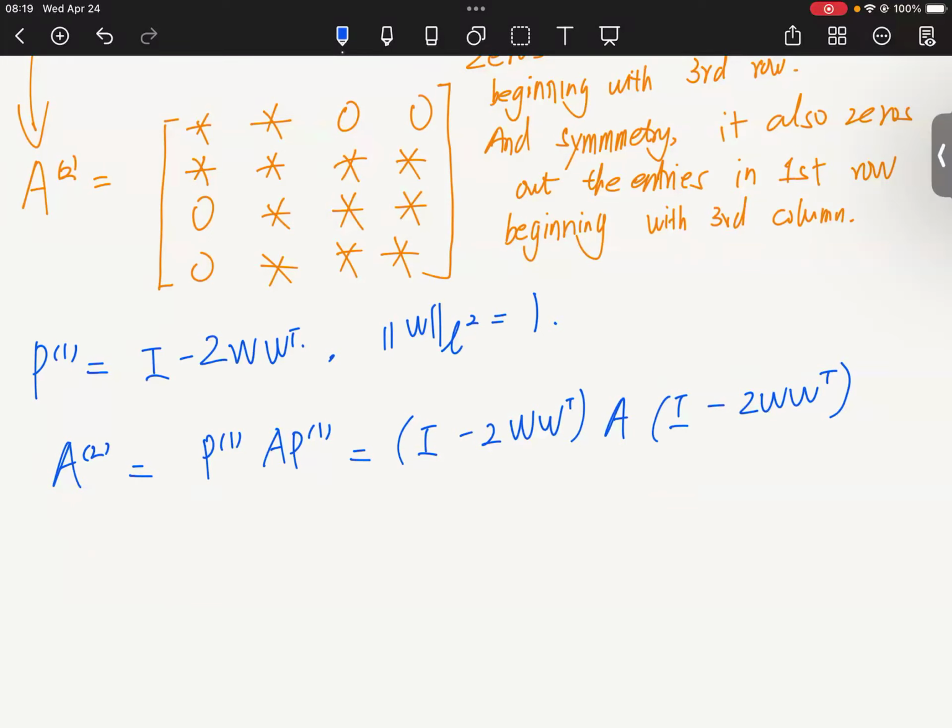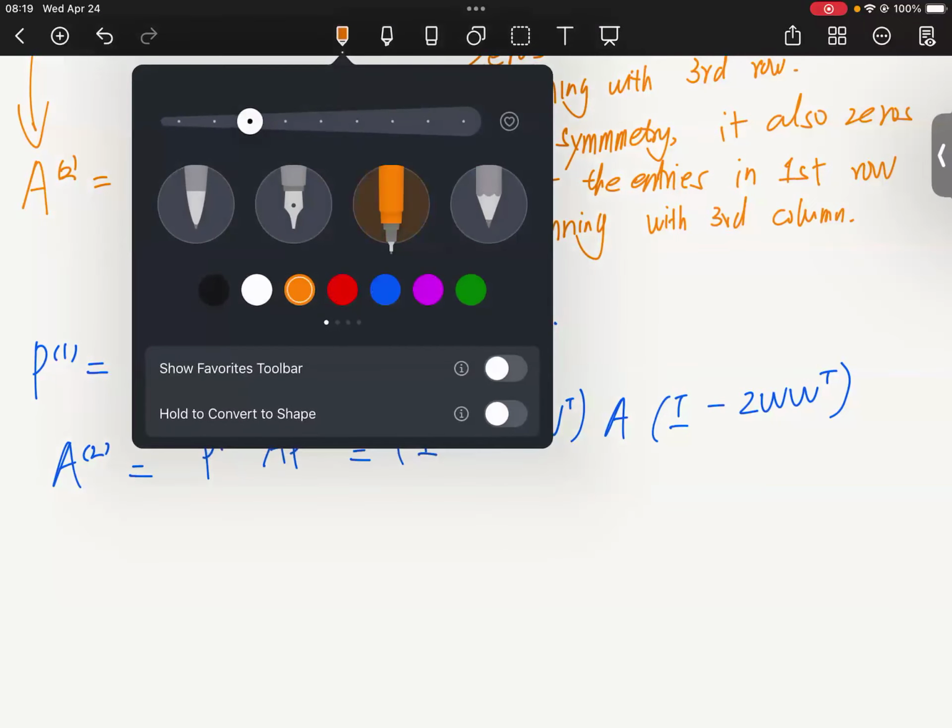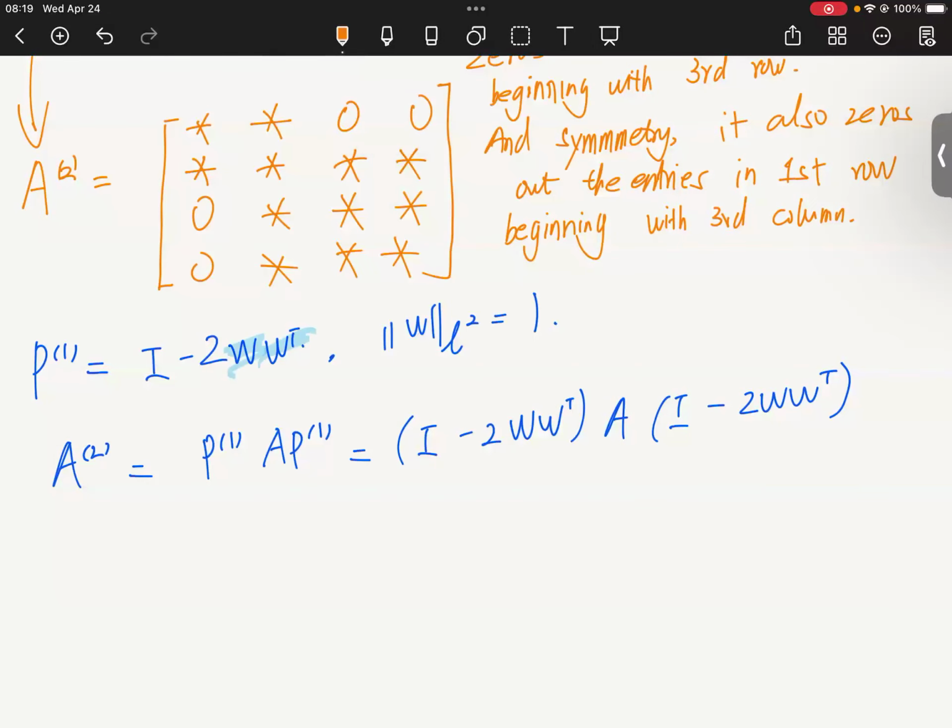All we need is to decide the W. We want to decide this W vector, and then we finish our job for the first iteration. So first, let's take a look at what we have in this calculation.